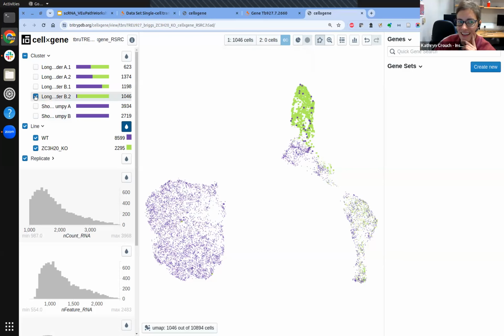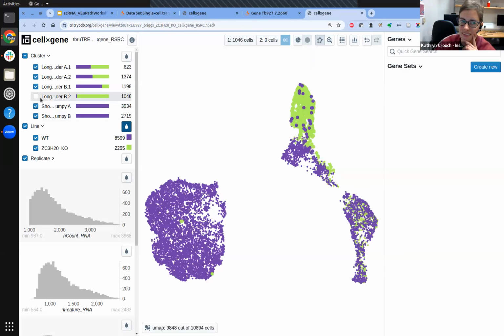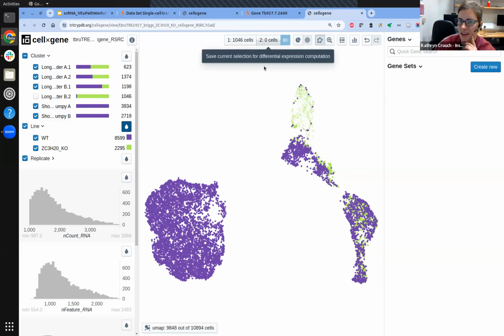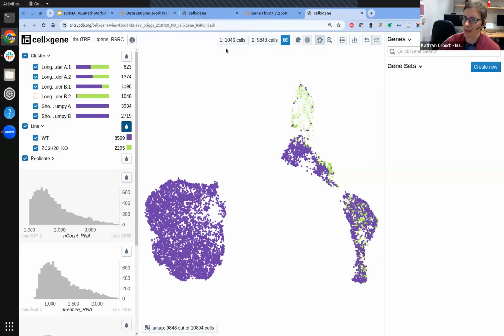I'm going to add everything else, so everything except the B2, into group 2 the same way. So I'm going to select them over here, click on group 2 to add them, and now I've got 9,848 cells in group 2. And now that I have 2 groups of cells which have been populated, this button here has become blue and I can use it.